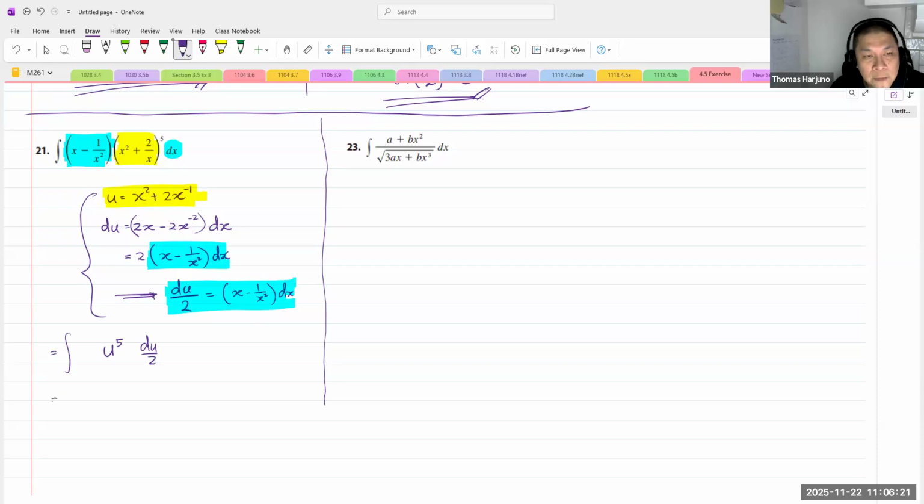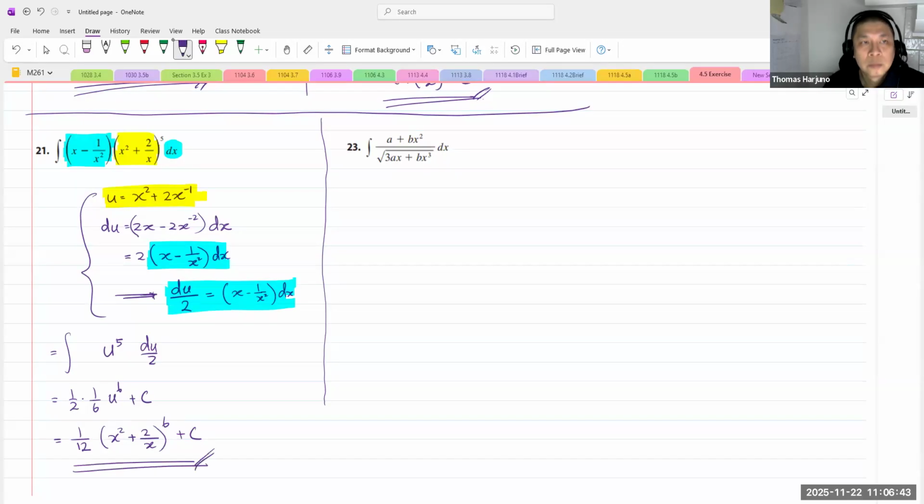So I factor that 1/2 out, and integral of u to the 5th is 1/6 u to the 6 plus constant. Simplify a little bit and substitute. Back substitute, we usually call that. Okay, that's for number 21.